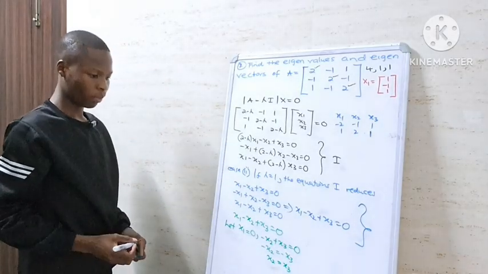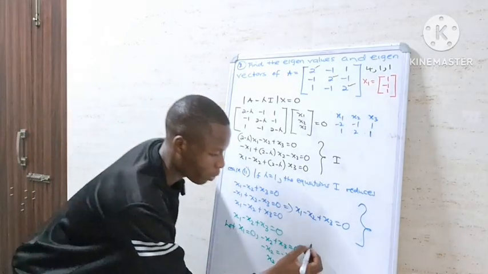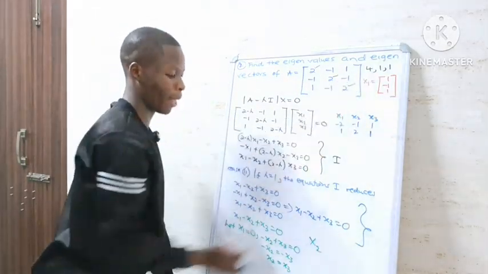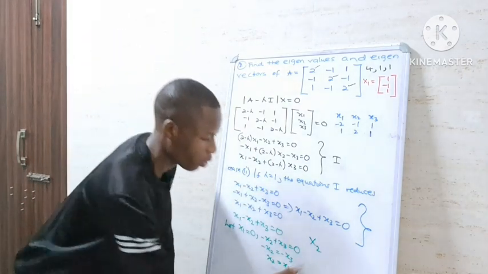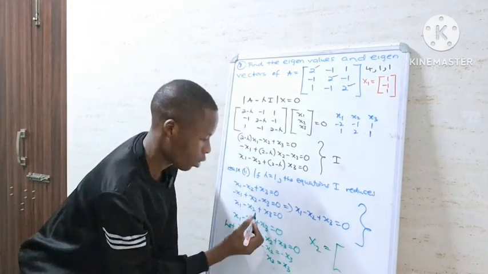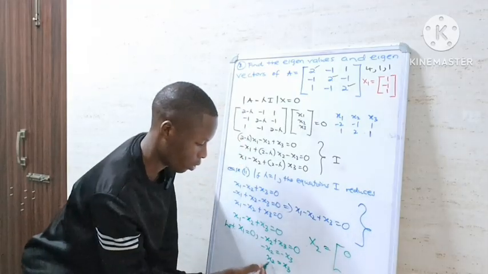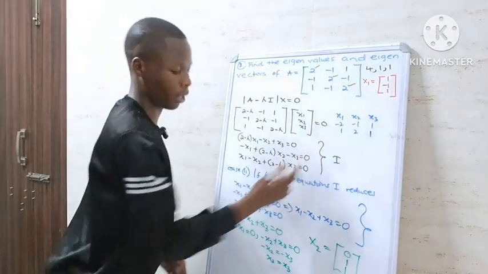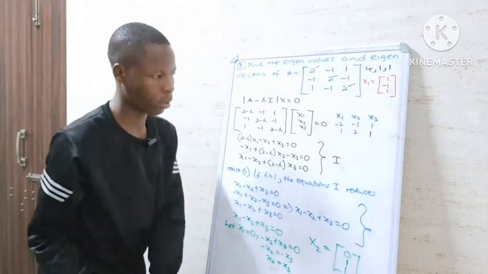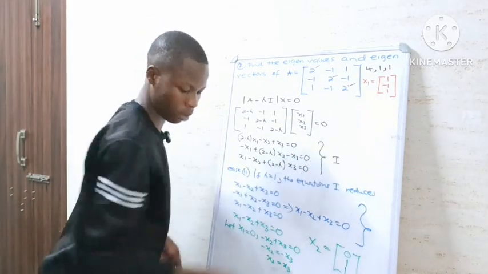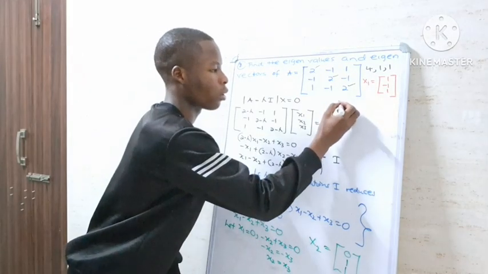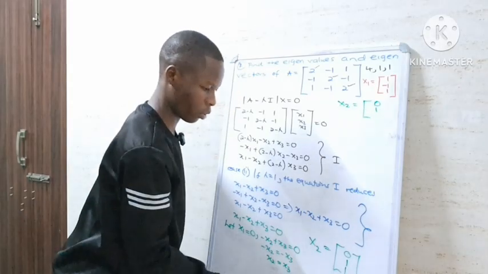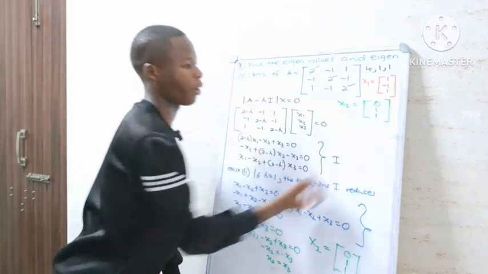So the eigenvector corresponding to this eigenvalue: remember, x1 is equal to 0, x2 is 1, x3 is 1. So it is 0, 1, 1.